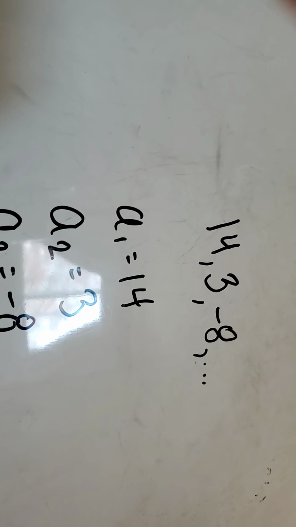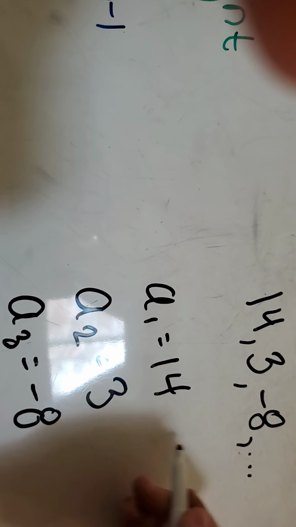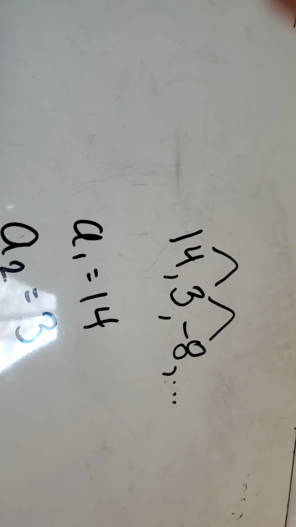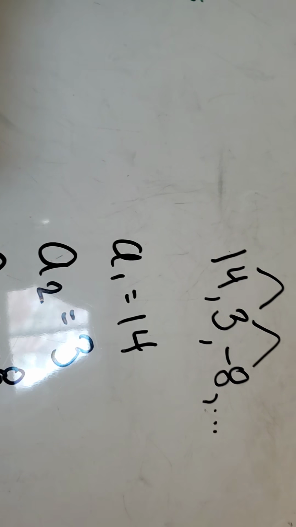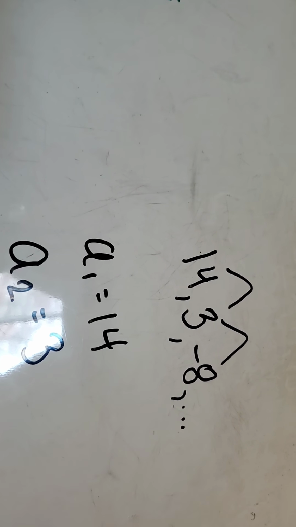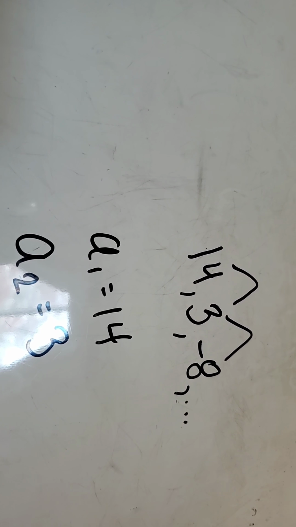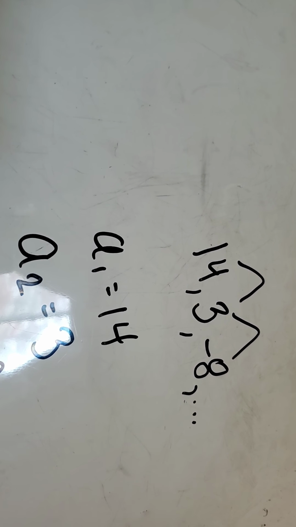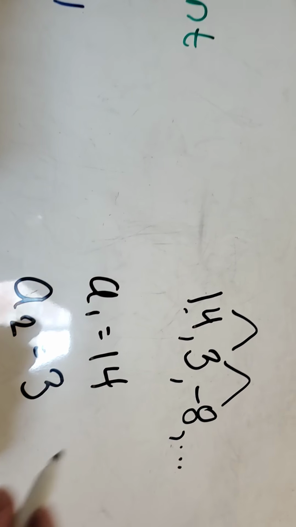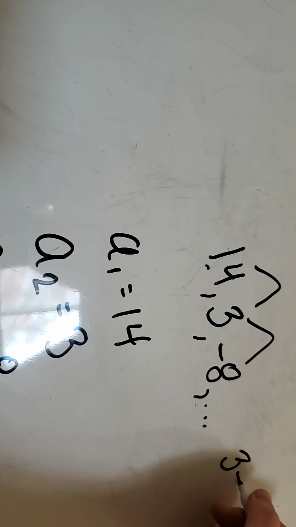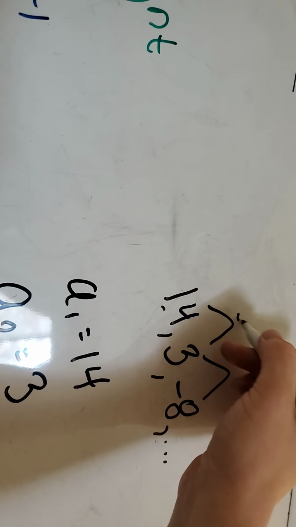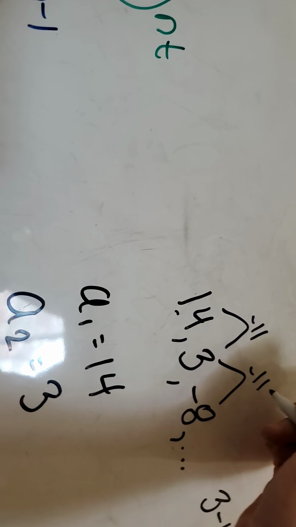All right, so what are we doing each time? I'm giving you a little wait time here. We're subtracting something. And if you can't see it right away, you could always take the term and subtract the term before it. So 3 minus 14 is what? It's negative 11. So we're subtracting 11 each time.